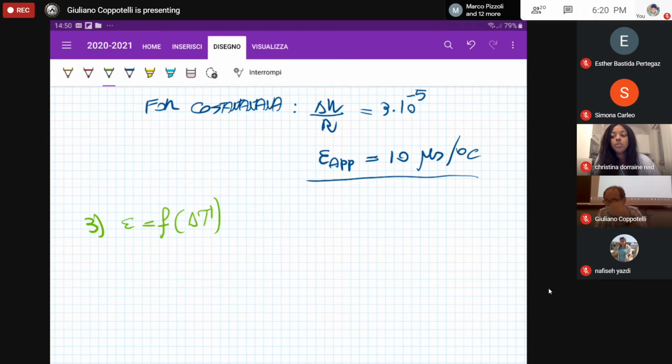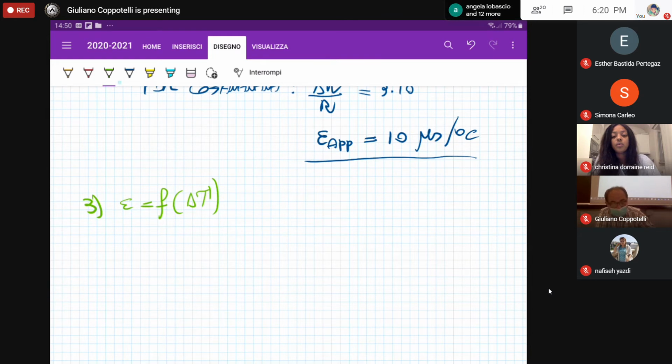So the condition is that, for example, we have your host structure like this, the test specimen. And this test specimen, because of the temperature field, has a strain due to the linear thermal coefficient of expansion.